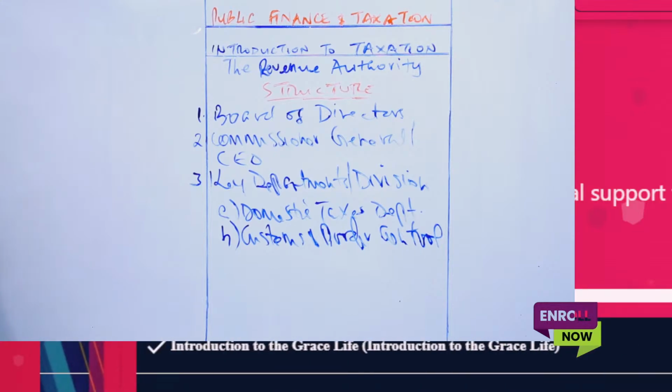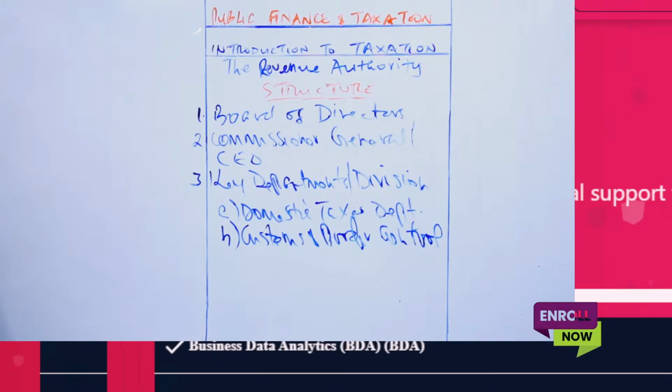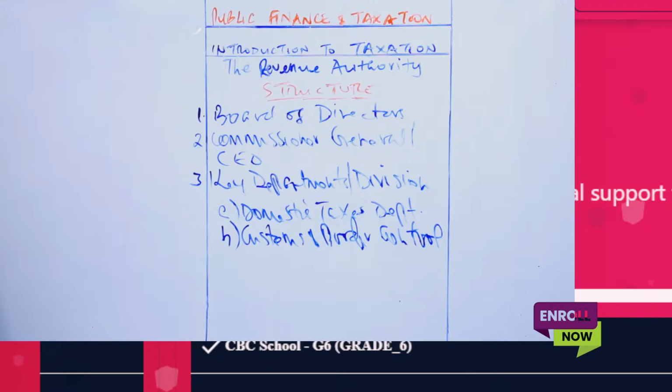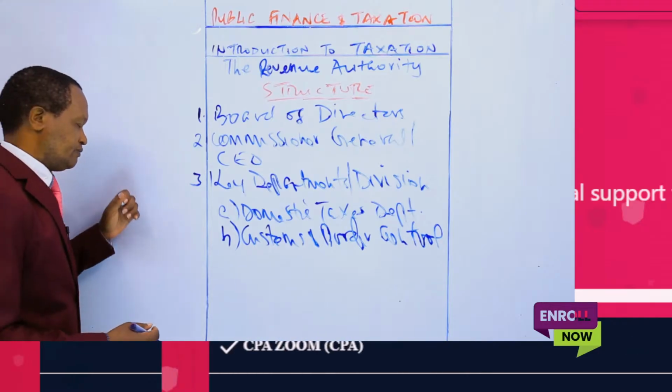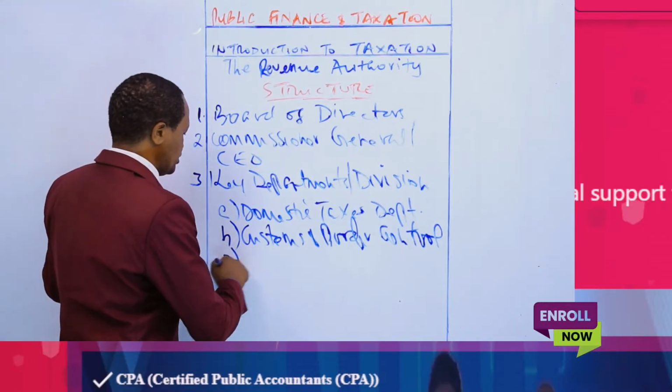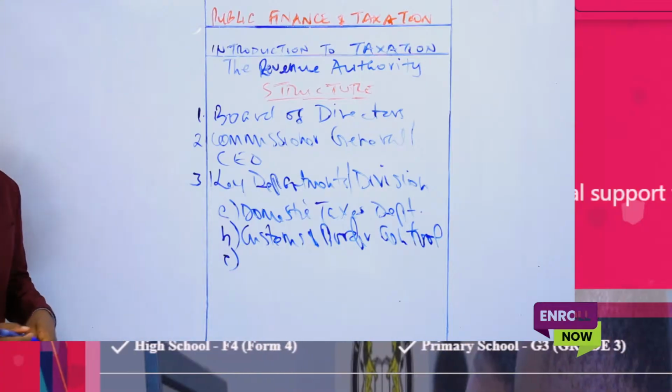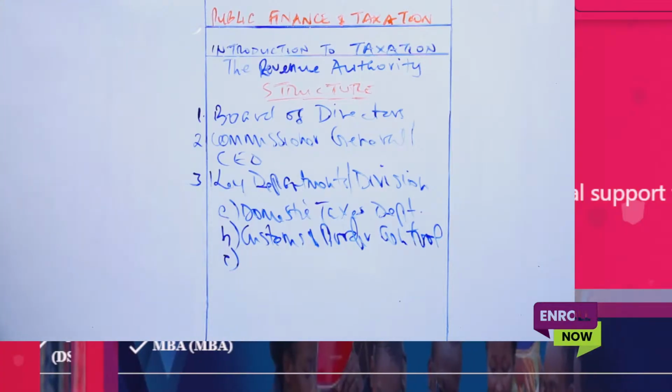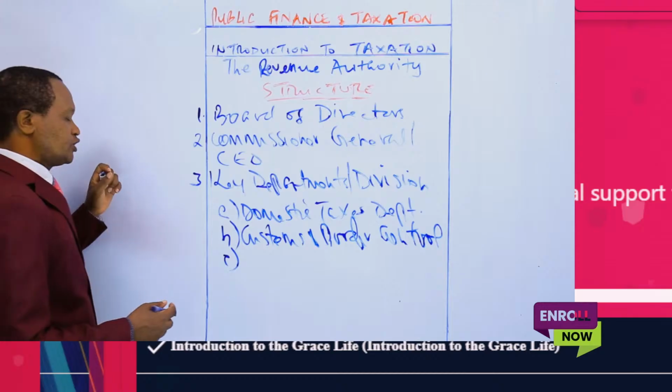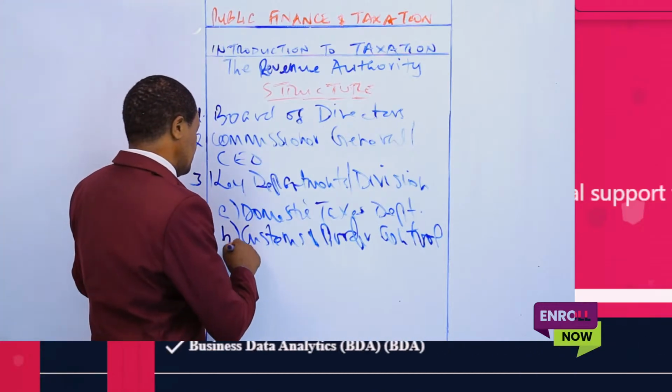This department handles custom duties, import and export procedures, and border security. Number 3 is the Investigations and Enforcement Department.